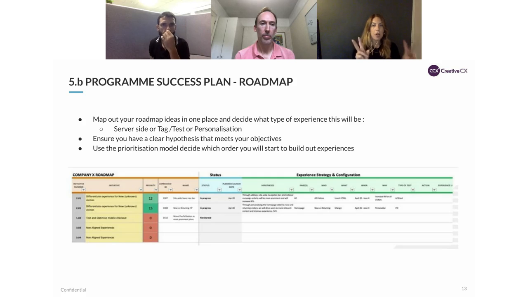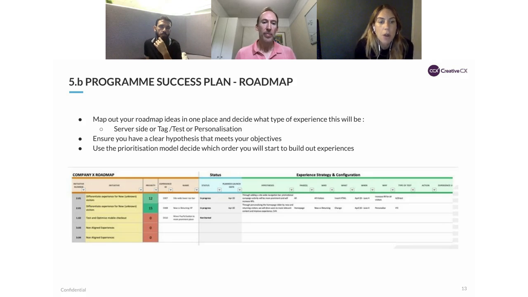Yeah, the roadmap usually will be on 2 tabs, and you can kind of see, although it's very small there, so probably not that well, but we're beginning to think about things like prioritization once you get into the roadmap. Usually the first tab is that snapshot overview for anyone that is not super into what you're doing in your program but wants a high level view.